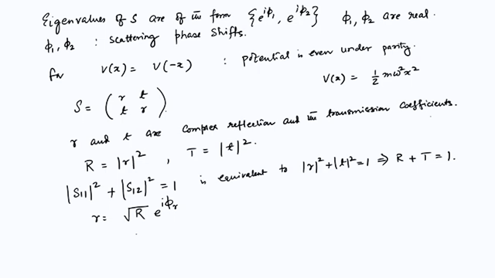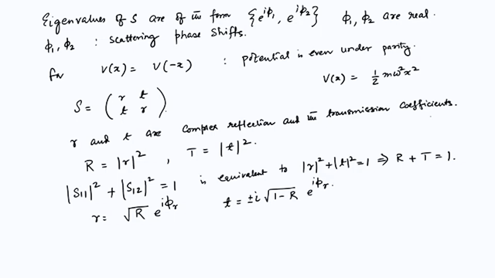So this is root R and exponential i phi r, where phi r is the phase corresponding to the reflected wave. Similarly, one can write the relation for t, which is root of 1 minus R and exponential i phi t. Okay, so this is the t.